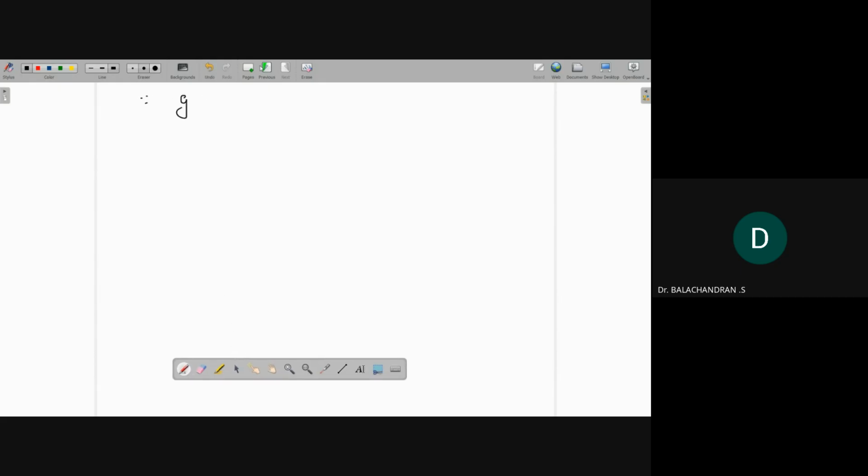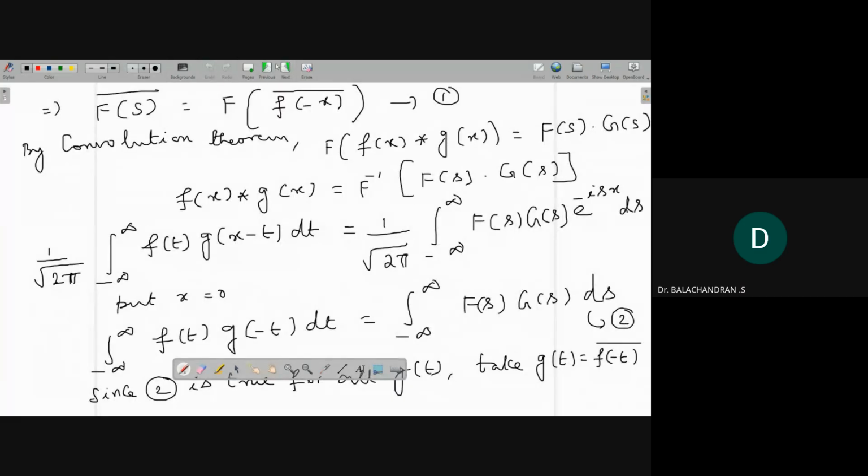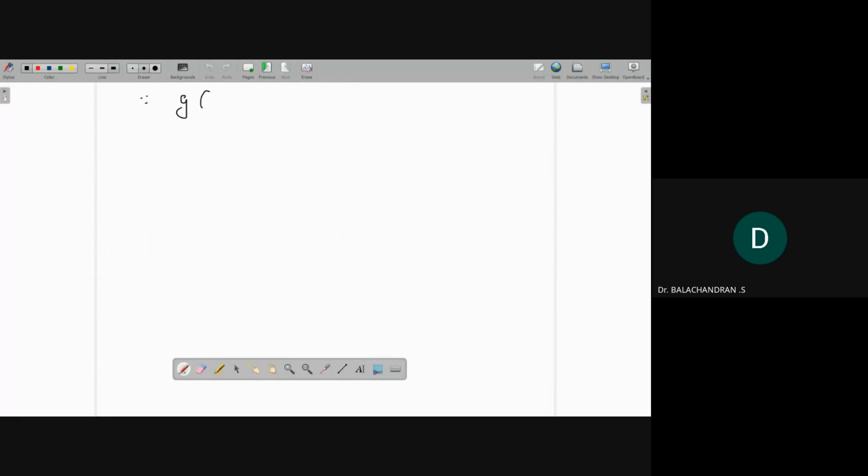Since g of t is equal to f of minus t whole bar, this implies g of minus t is equal to f of t whole bar.